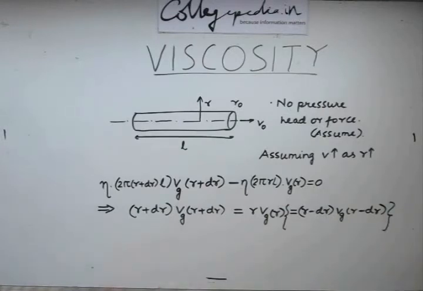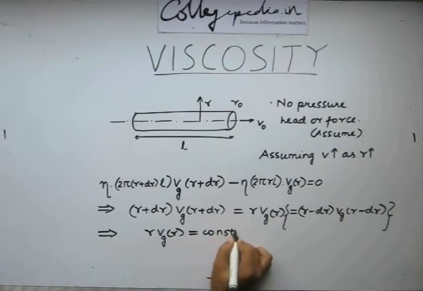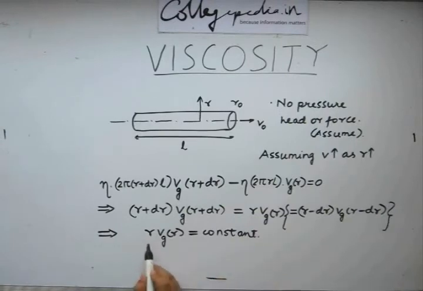So what we really find is that r times the velocity gradient at r should be constant. So the product of radius and velocity gradient in this case will be a constant. This is our governing equation. Let us solve this.